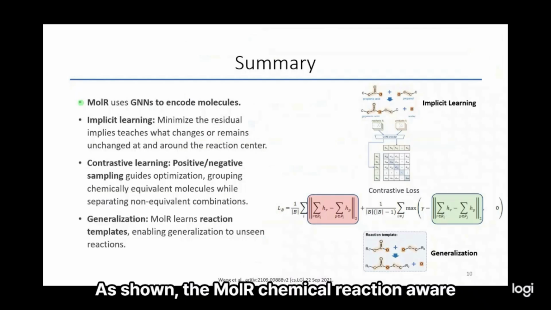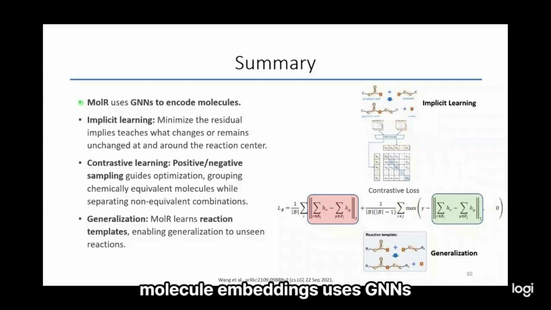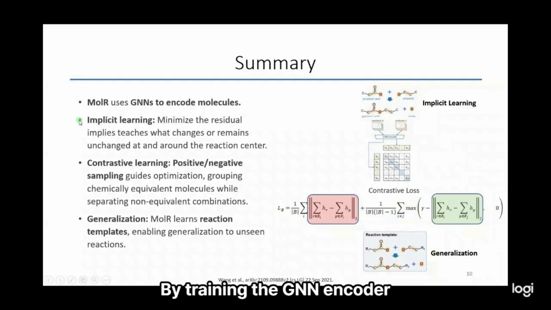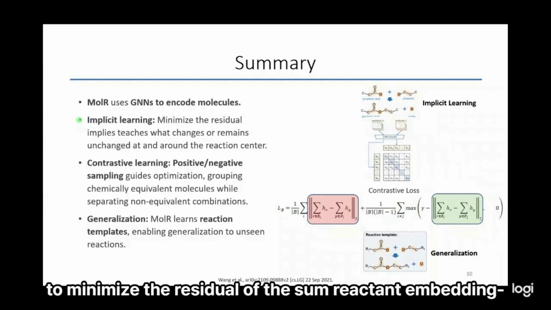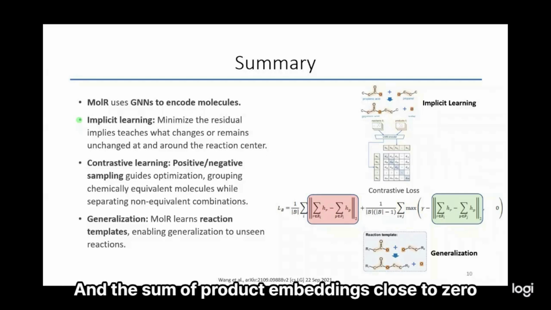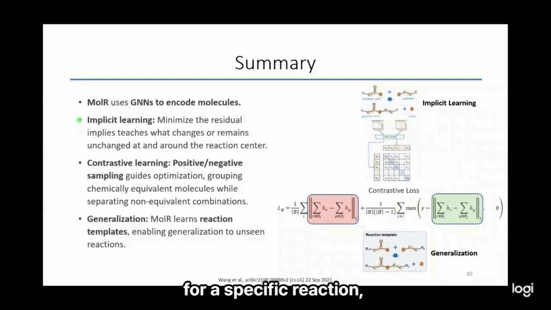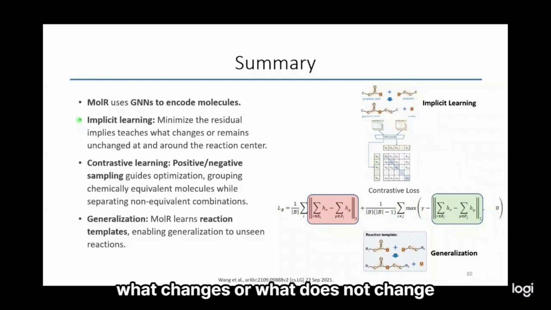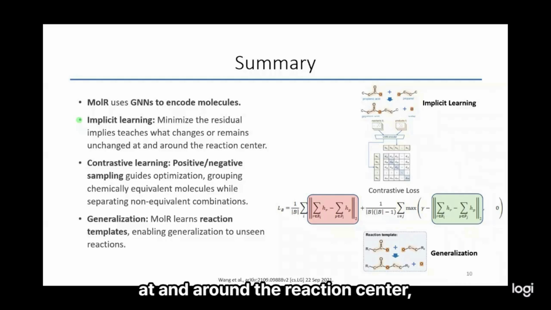As shown, the MolR chemical-reaction-aware molecule embeddings use GNNs as molecule encoders. By training the GNN encoder to make the residual between the sum of reactant embeddings and the sum of product embeddings close to zero for a specific reaction, the model implicitly learns exactly what changes and what does not change at and around the reaction center, which is the implicit learning.